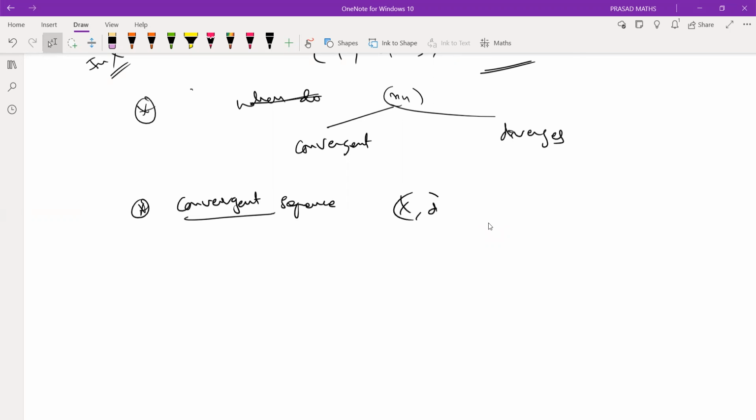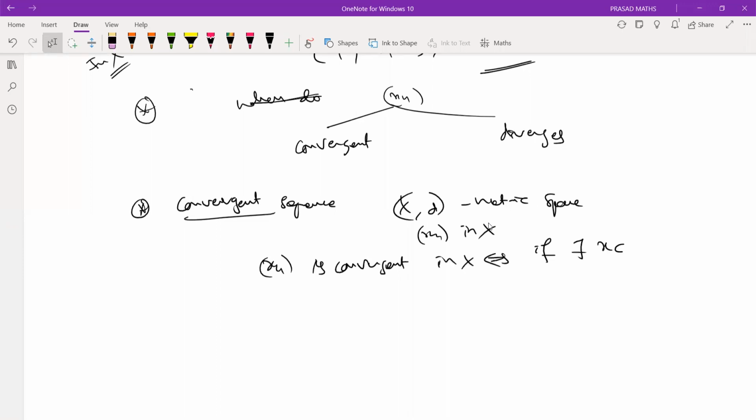Whenever you start with a metric space, suppose you take any sequence in X. We say that Xn is convergent in X if and only if there exists at least one point in the metric space such that any neighborhood you take around it, small or big, contains all terms of the sequence.